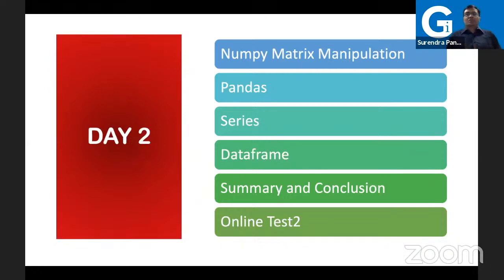So the data frame object holds data in the form of a table. You can imagine a data frame like a table, because you're already aware that a table has rows and columns. So a data frame is like a table, and it has rows and columns. Now what can you do? You can perform operations like in SQL. You can access some rows of data, you can access some portion of the data.